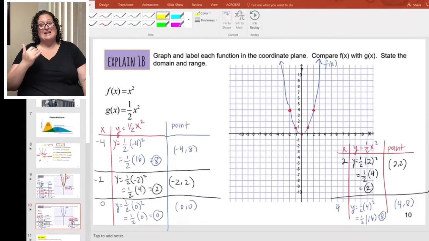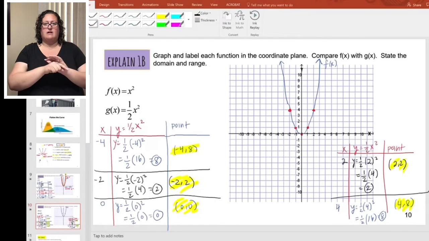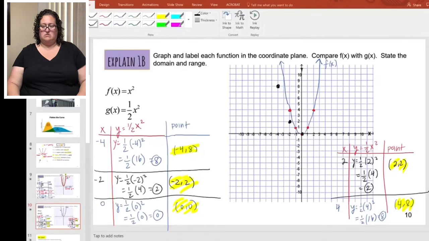Now that we have all 5 points, let's graph. -4, 8. -2, 2. 0, 0. 2, 2. 4, 8.